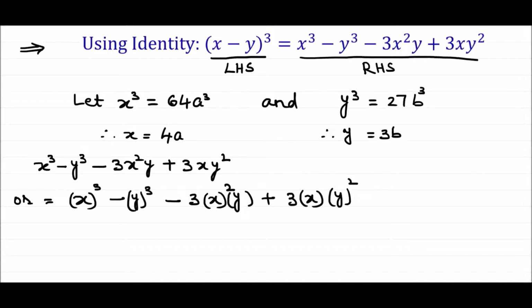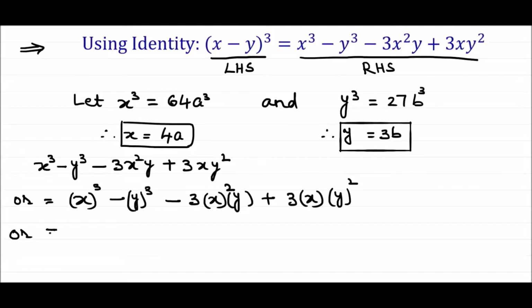Now if you look at the above steps, we got x is equal to 4a and y is equal to 3b. So in this step we are going to replace the values of x and y.